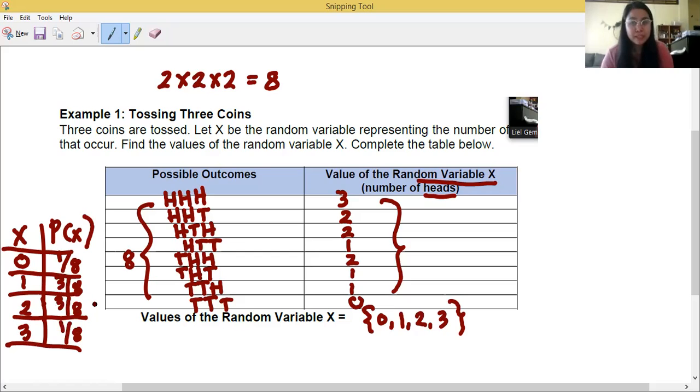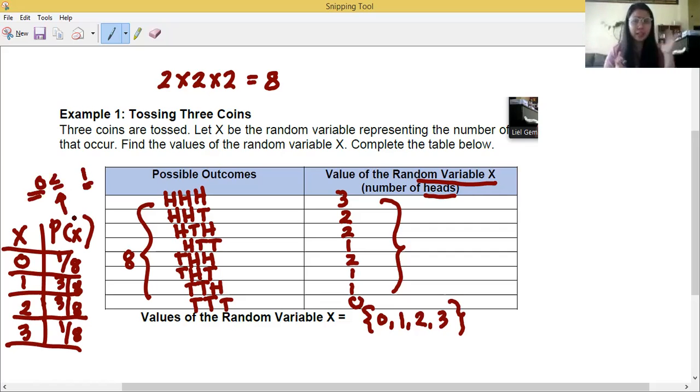Now, there are properties to be considered. First, the value of P of X lies between 0 to 1. If it's certain that it will not happen, the probability is 0. If it's certain that it will really happen, the probability is 1. But majority, it's between these values.